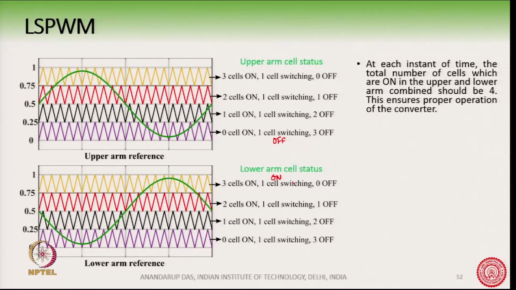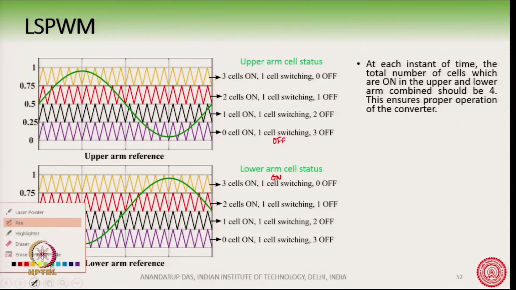If this is on, then this is off. So, you can see that at any instant of time, the total number of cells in the upper and lower arm combined is equal to 3 plus 1, which is 4.